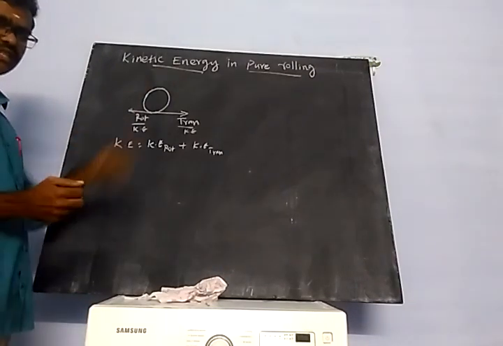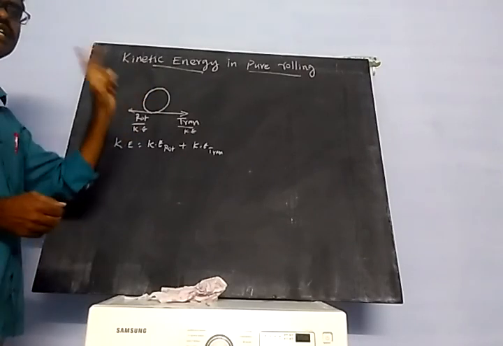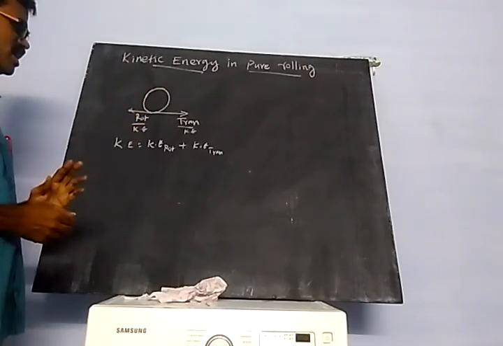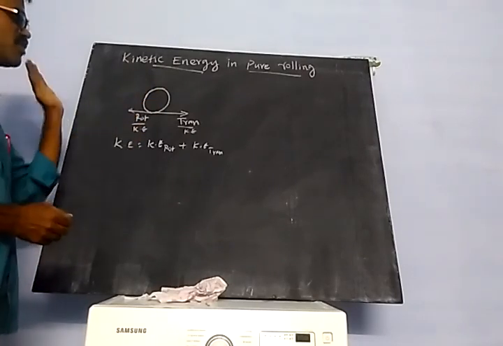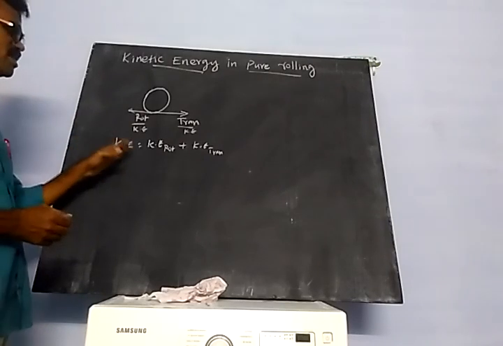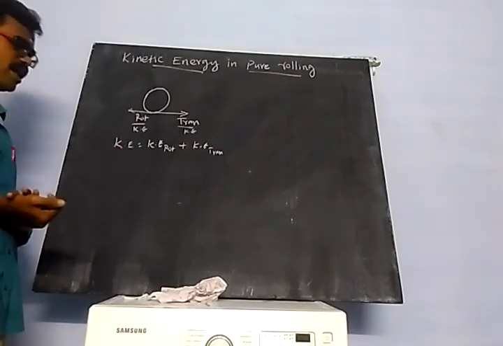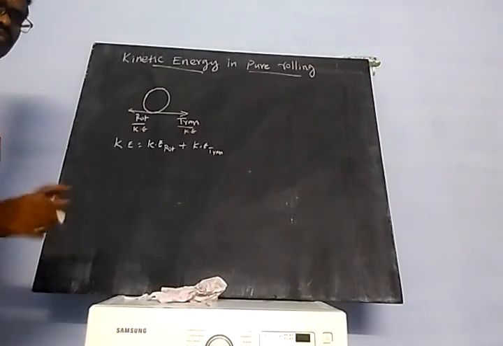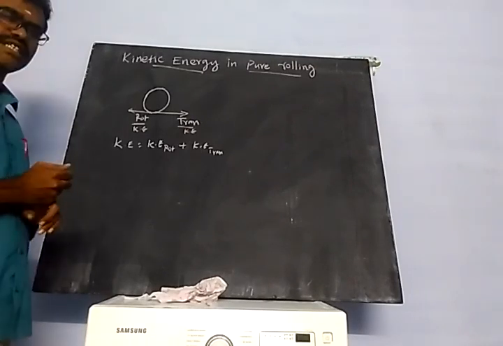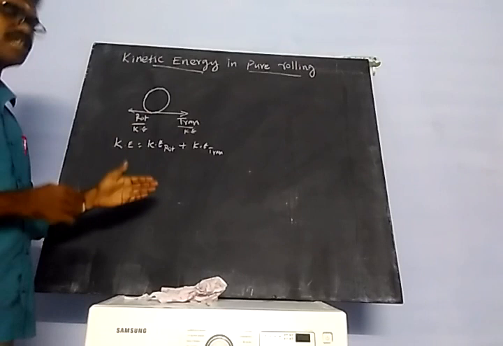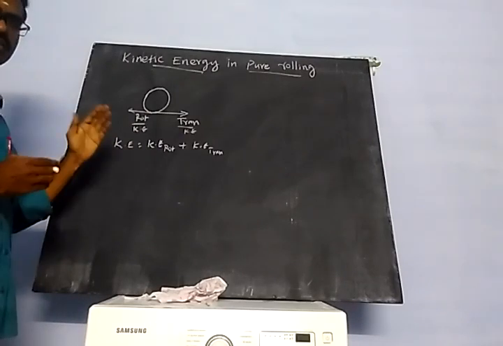Do you understand? Pure rolling means there is a combination of rotational and translational motion, so the total kinetic energy is equal to the rotational kinetic energy plus the translational kinetic energy. What is kinetic energy? Kinetic energy is the energy possessed by virtue of its motion.